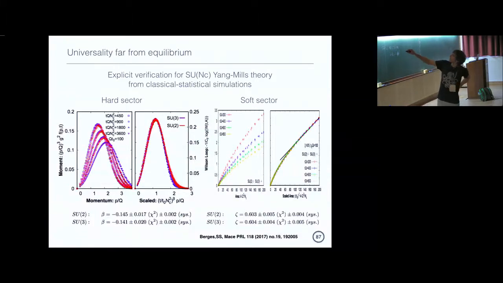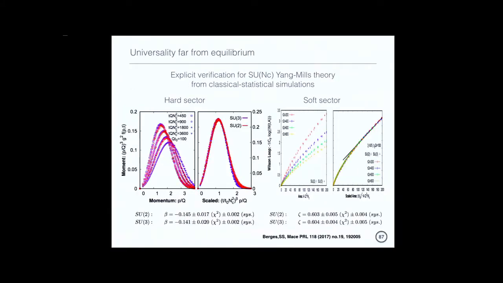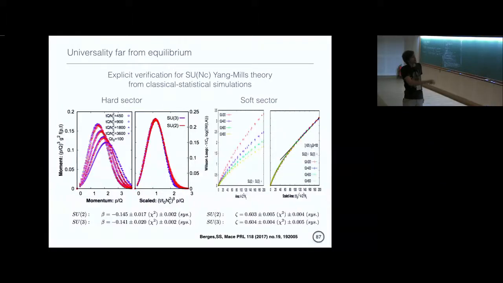Red is SU(2), blue is SU(3). The bottom line is that you find scaling in both cases. And actually, if you scale time by the number of colors here, which also depends on how you set up the initial conditions, by the way, you can really map them exactly on top of each other.